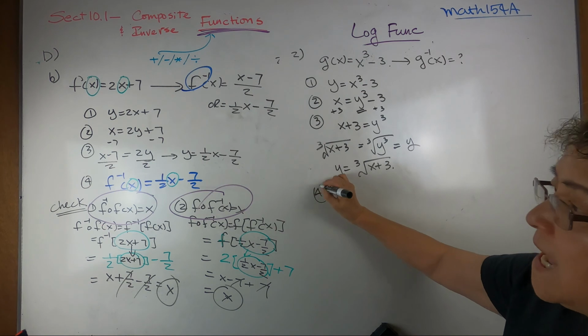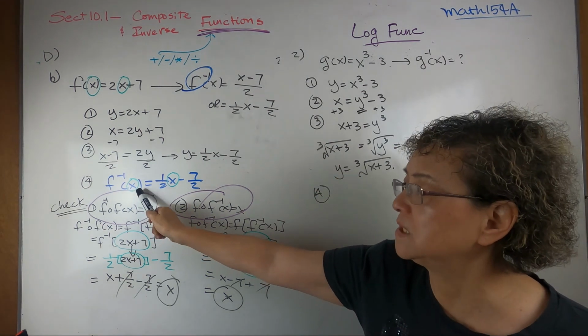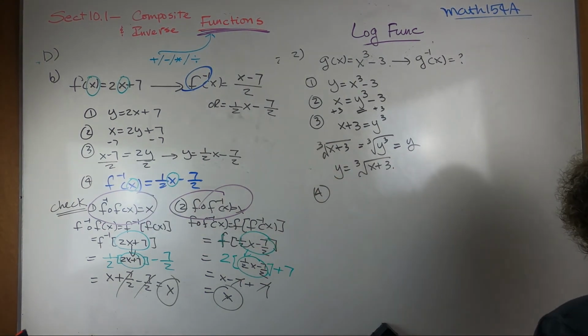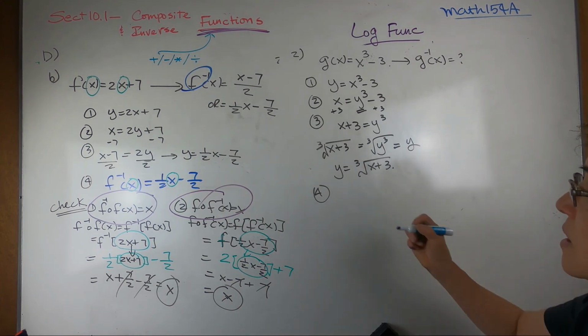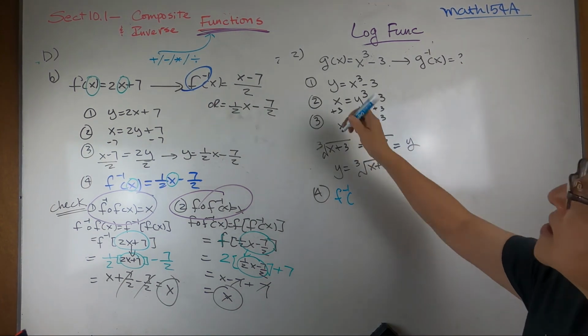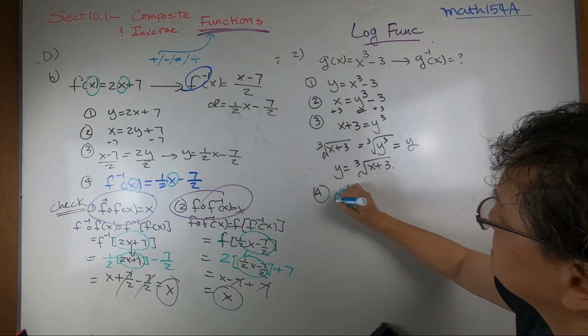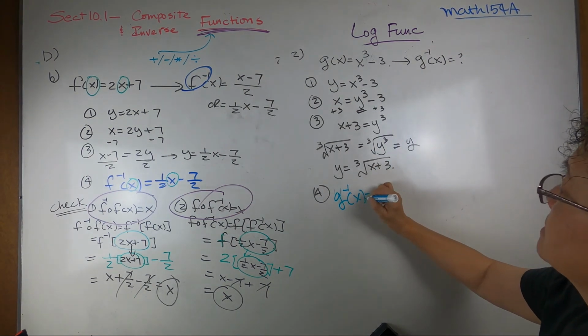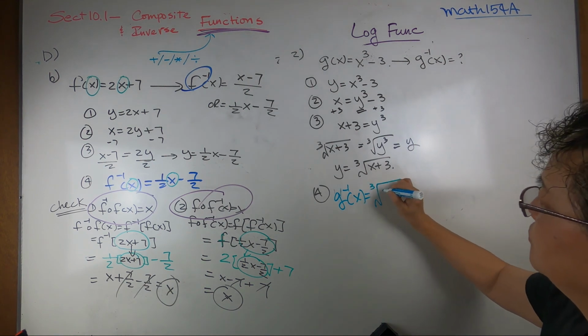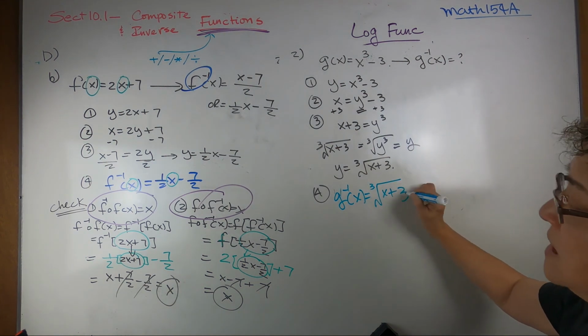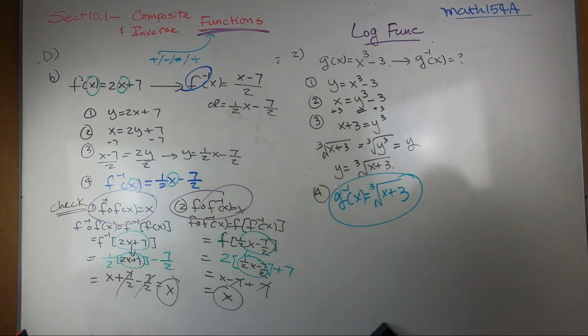But we say the answer has to be written in inverse style. Answer the question, find the inverse. Oops, not F, it's G. So it's cube root of x plus 3. So that will be your answer.